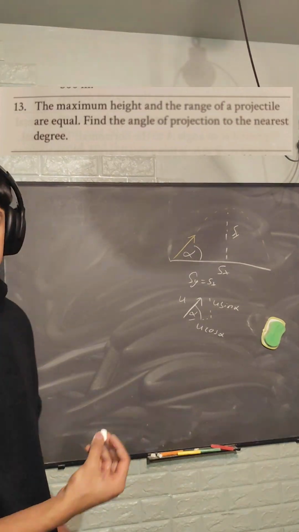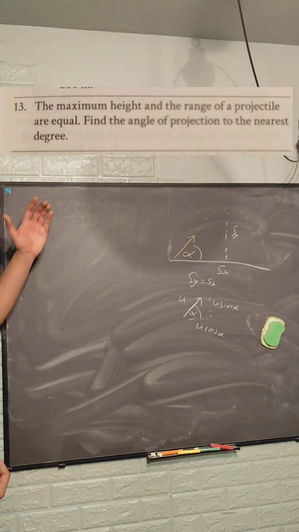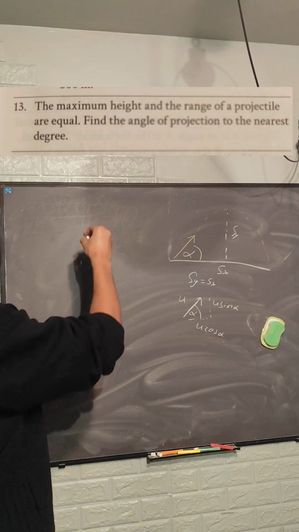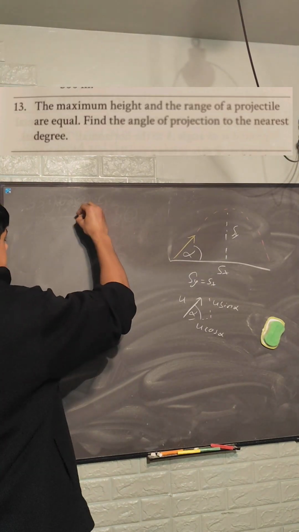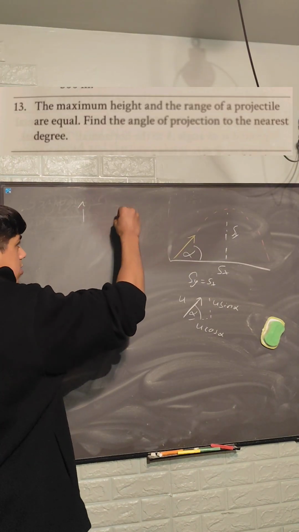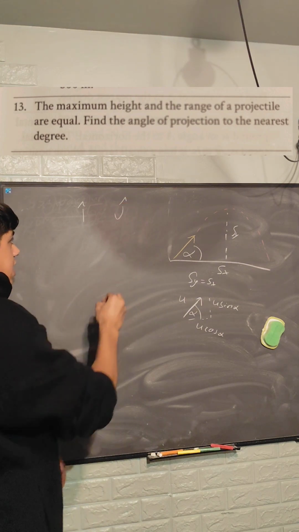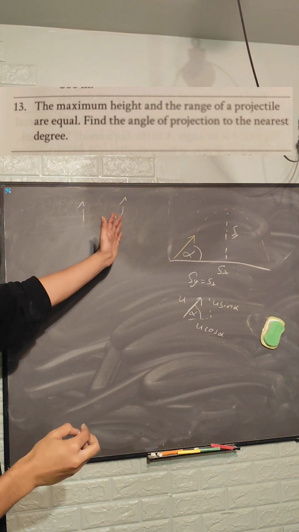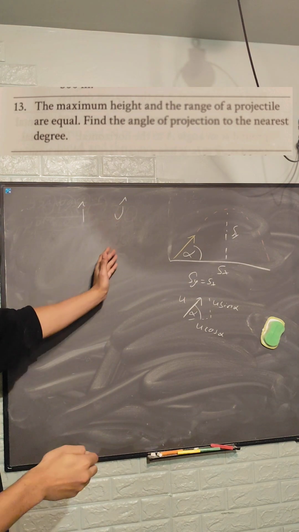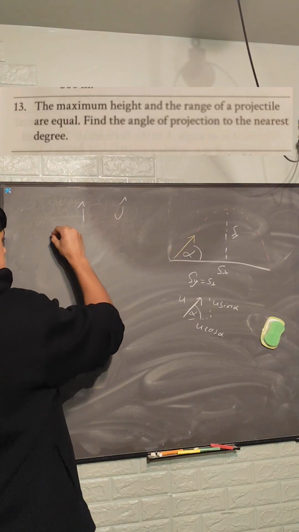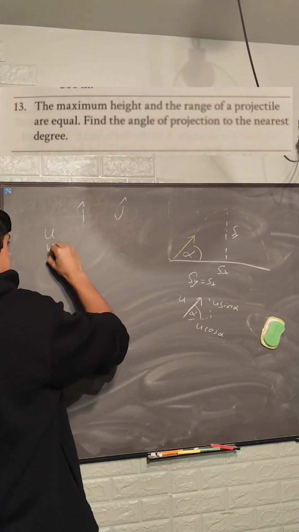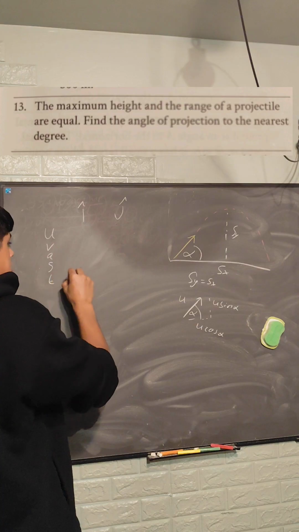Now, as in any projectile question, I'm going to start filling out my table. My i and j table, or my x and y, whatever you want to call it. I'm going to call it i and j. So here we have the horizontal and the vertical components. We're going to fill out all the values for u, v, a, s and t.